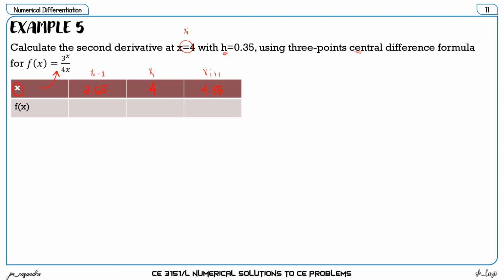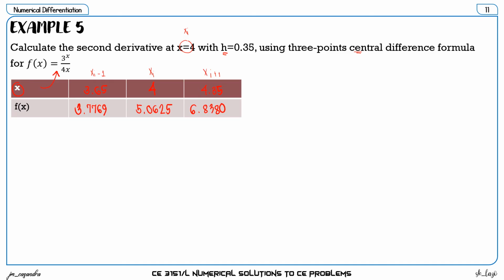Substituting the values of x in this equation, we get the function. For 3.65, that is equal to 3.7769. For x equal to 4, f of x is 5.0625, and for 4.35, the function of x is equal to 6.8380.